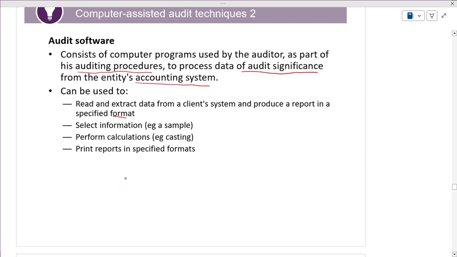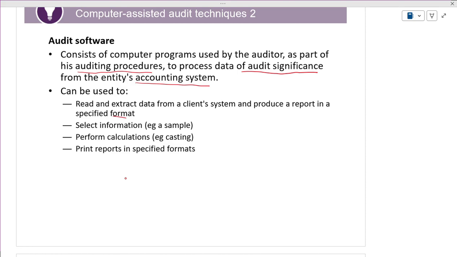If you take this into consideration, this has happened after COVID, or rather during COVID. During COVID, people could not move, so there should be some alternative arrangement. We cannot stop audit. There should be an audit.